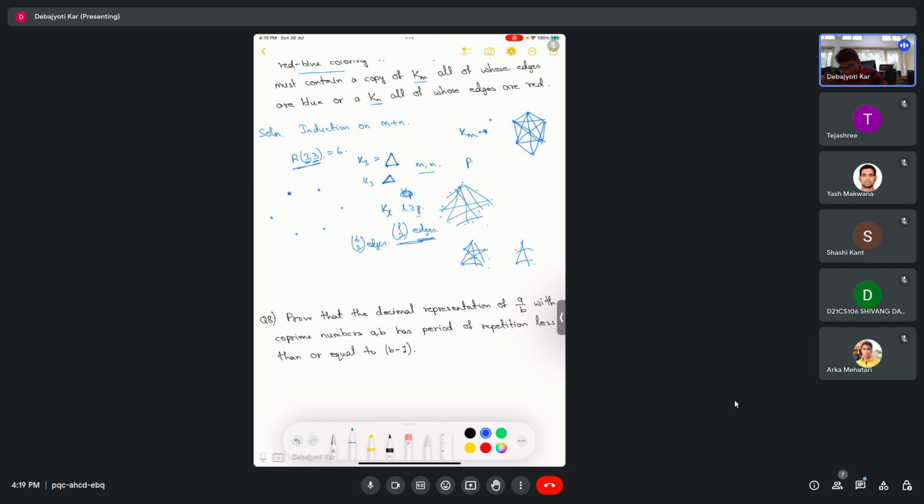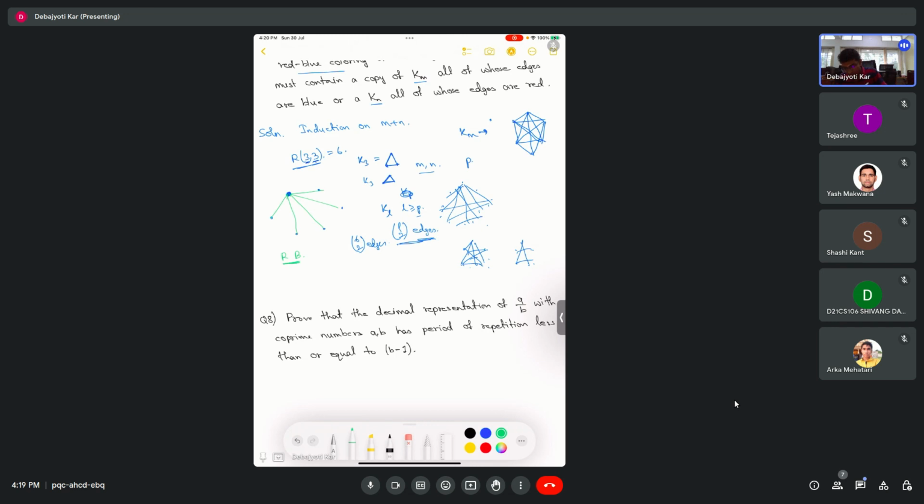Consider this vertex. Now consider these 5 edges. This vertex has 5 edges incident on it. Out of these 5 edges, since we are coloring with two colors, red and blue, there must be at least 3 edges which receive the same color by the pigeonhole principle.